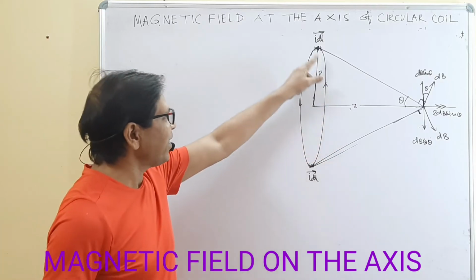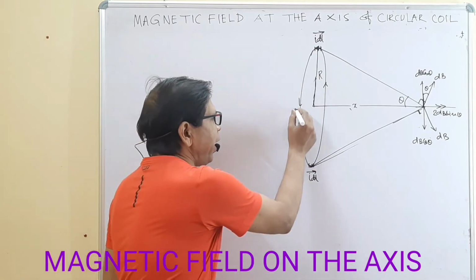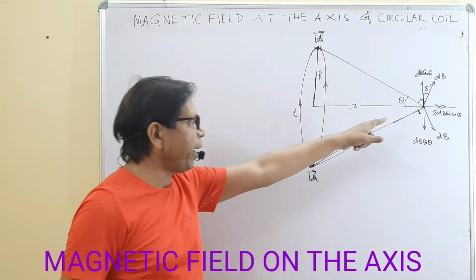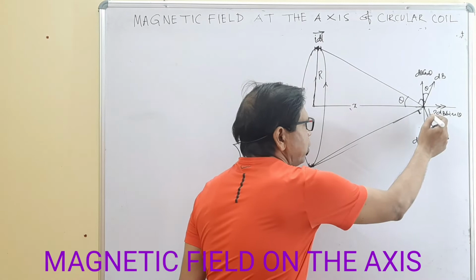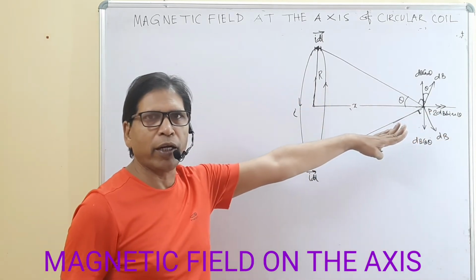Okay. Now look at this. This is a circular coil carrying current I in an anti-clockwise direction. We have to calculate the magnetic field at the point P on the axis of the circular coil.